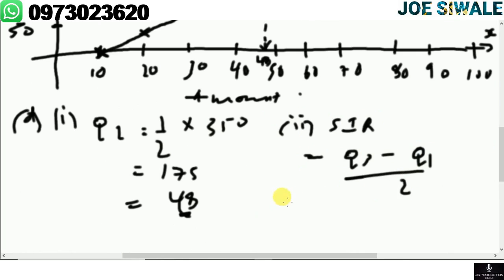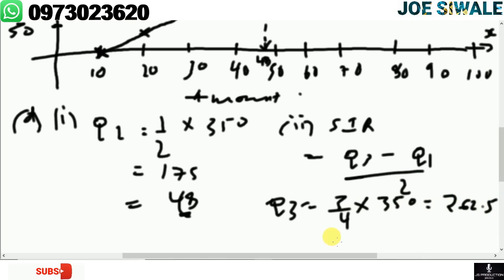So we're supposed to calculate Q3 and Q1. So our Q3 is equal to 3 divided by 4 multiplied by the number of boys there, which is 350, and this is going to give us 262.5.